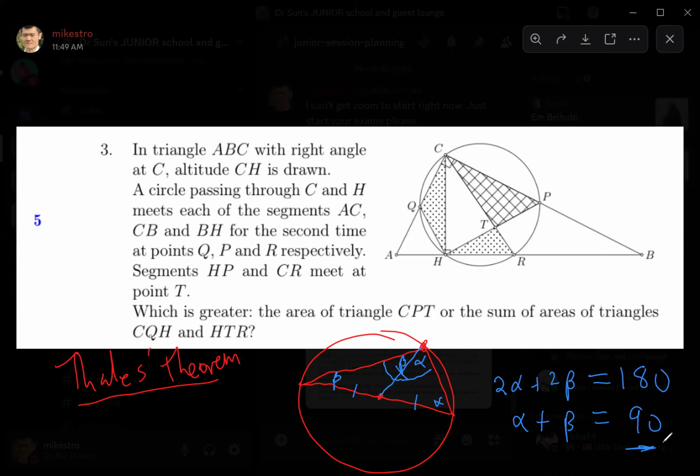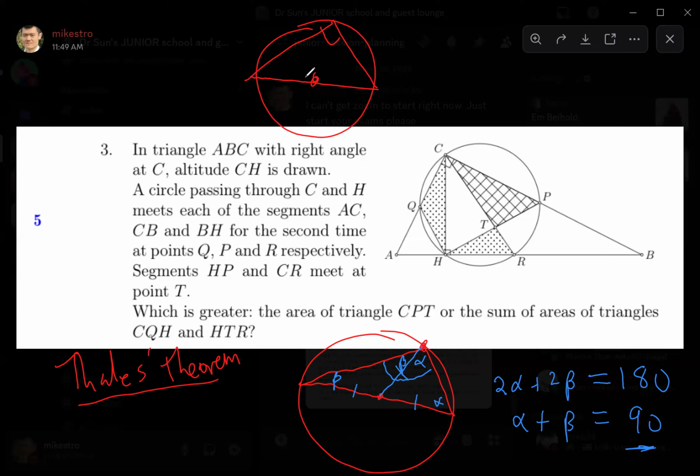Can I conclude it's the diameter? If I have a circle and an angle that's 90 degrees, can I conclude that this passes through the center? That's what's called the converse of the statement.